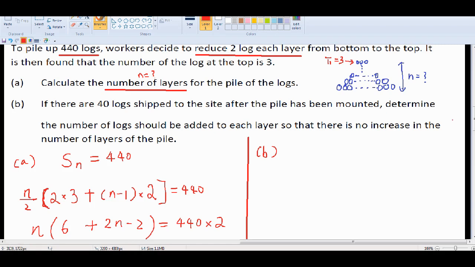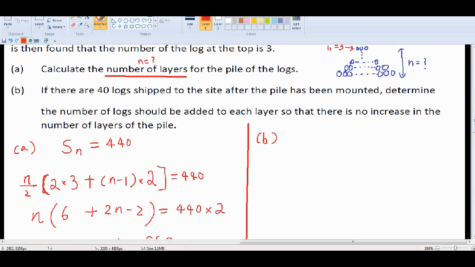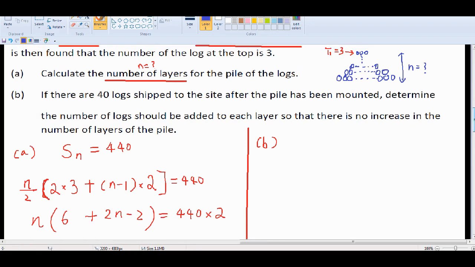Let's think about this. If you have 20 layers, what you can do without changing the rule of the pile is add a certain number to each layer without changing the fact that it's still an arithmetic sequence, right? Now you have 40 new logs.